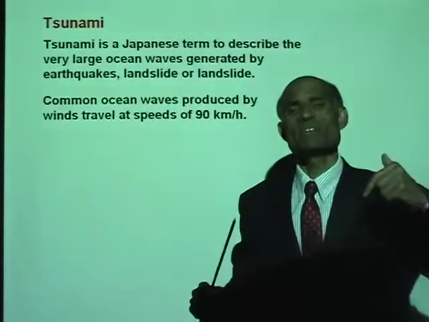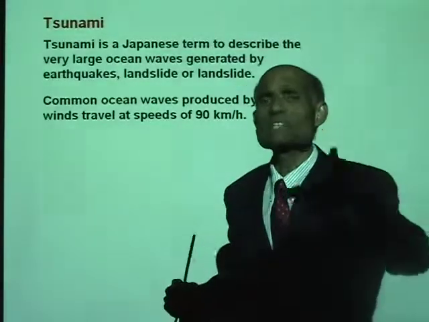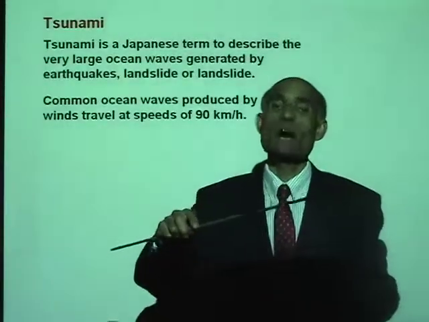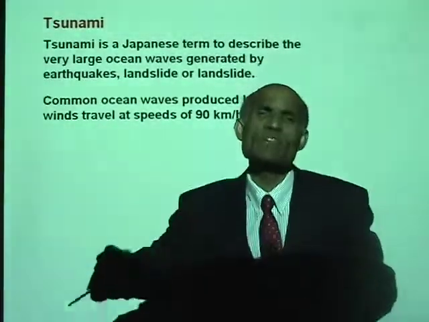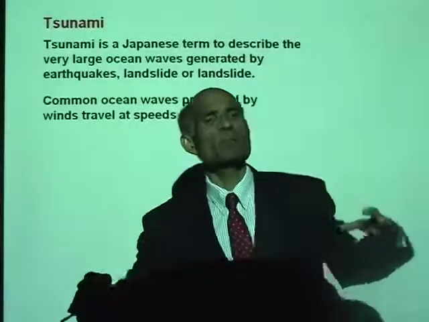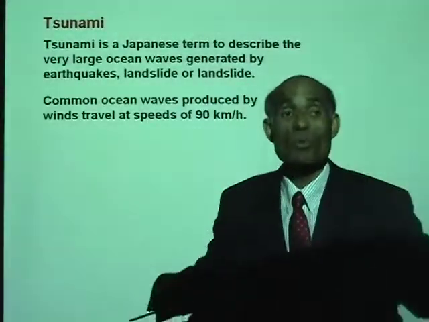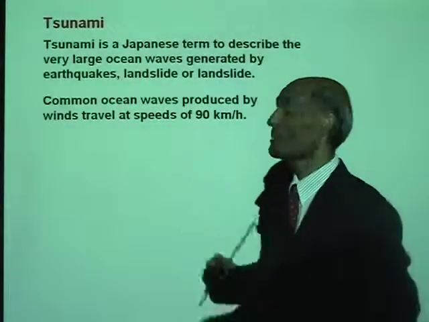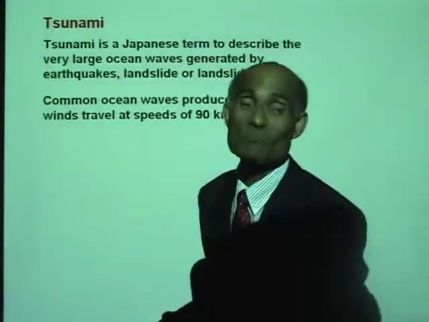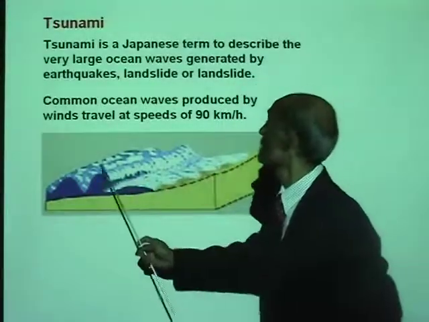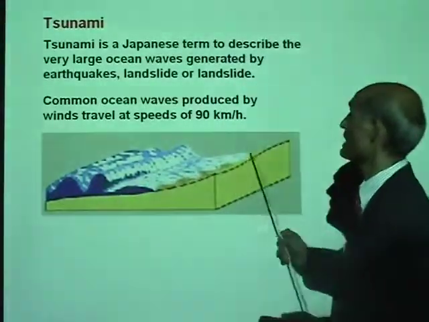Now, in one of the lessons that we will be doing in the next section, we will talk about the waves created on the ocean by wind. Those waves are normal waves. They travel about 90 kilometers per hour, very fast though. But these tsunami waves travel much faster than that.